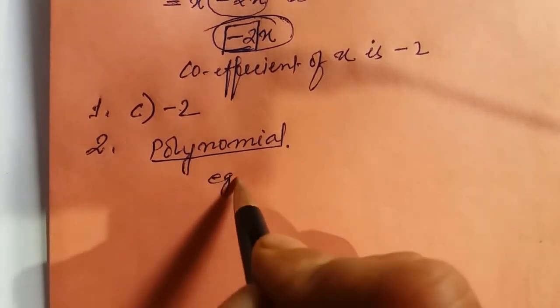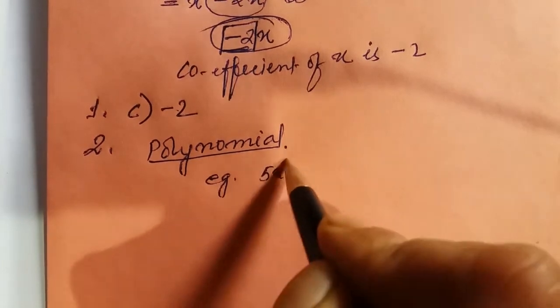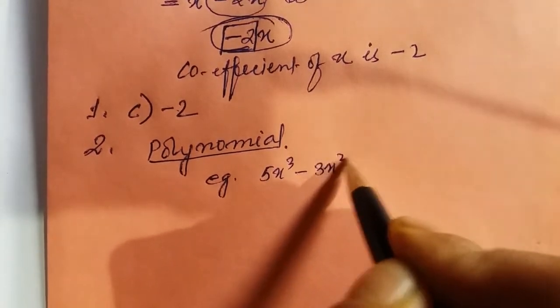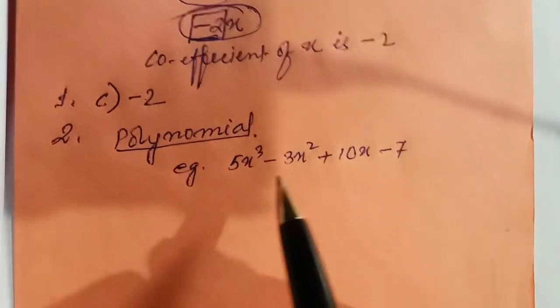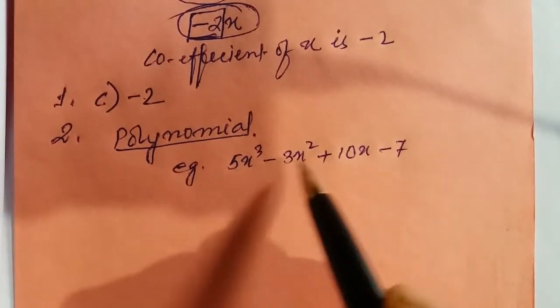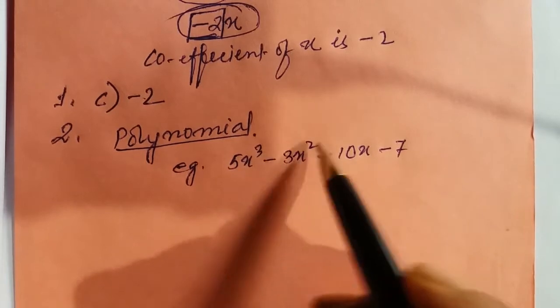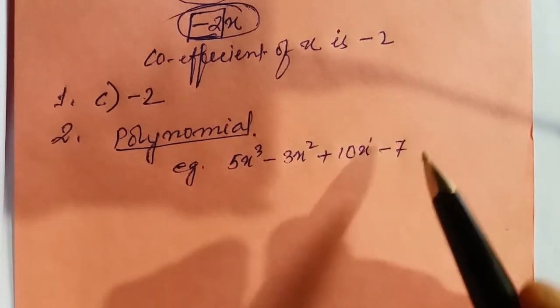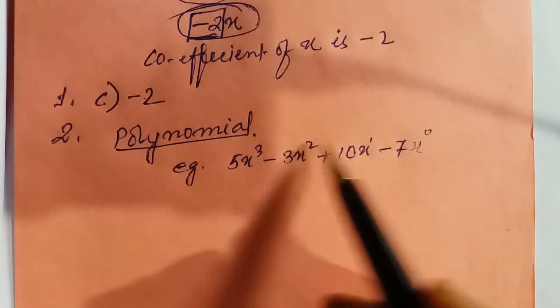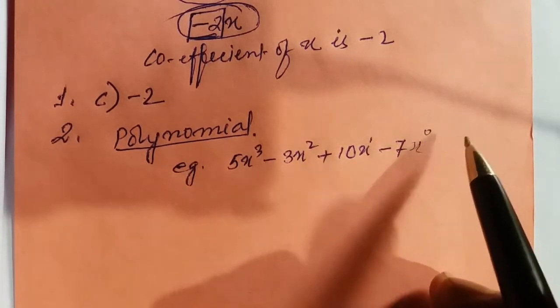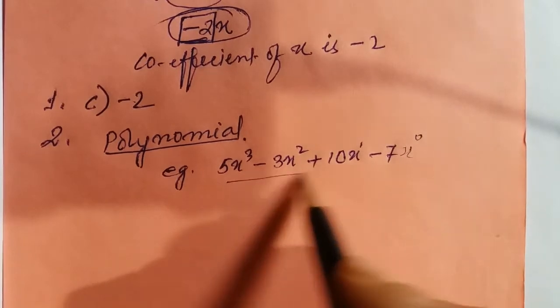Example: 5x cubed minus 3x square plus 10x minus 7. Here the powers of x are 3, 2, 1, and you can write x to the power 0, so we have the powers 3, 2, 1, 0. All these are whole numbers, so this is a polynomial.